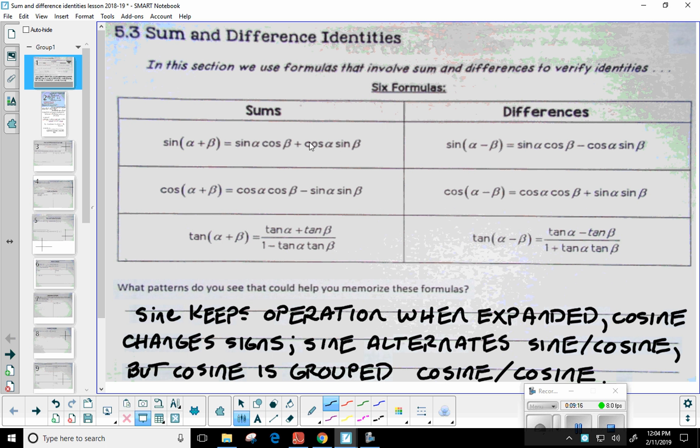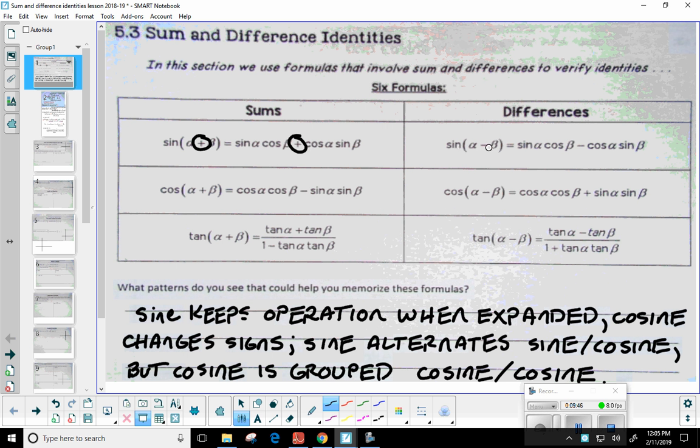What I like to say is that in the products, sine alternates. You'll notice in the multiplication parts, it's sine times cosine. You're using two different trig functions. And you'll also notice if it's a positive, what are you still doing in the formula? You're still adding, right? Now look at the difference for sine.